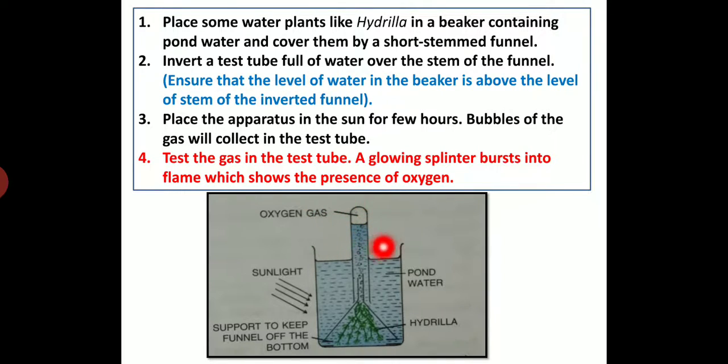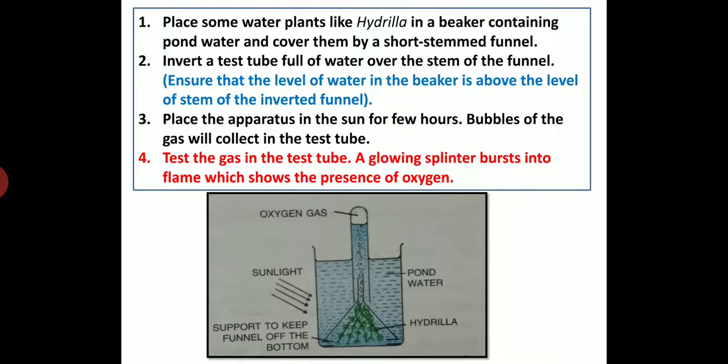And when we test that gas with a glowing splinter, we see that it bursts into flame. And as oxygen supports combustion, we can say that the gas which is produced is oxygen. So from this experiment, we can say that during the process of photosynthesis, oxygen is produced.